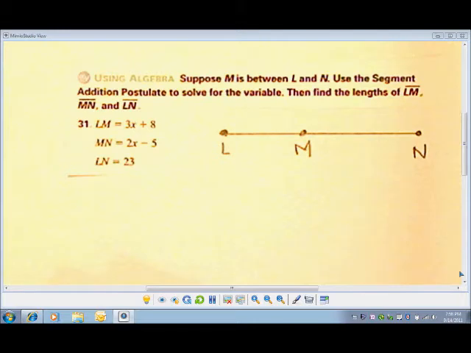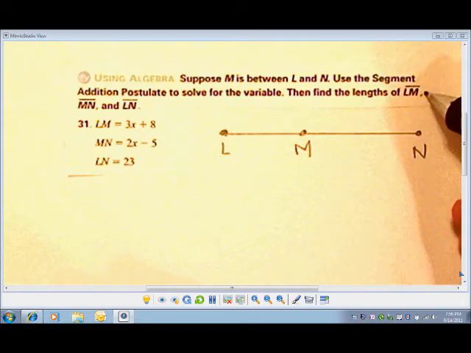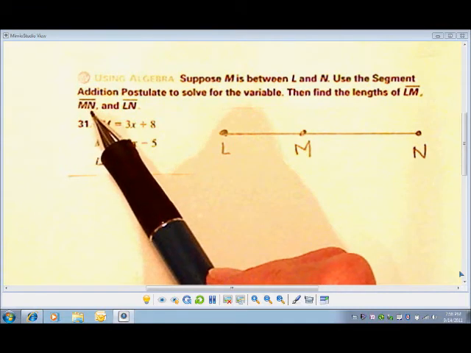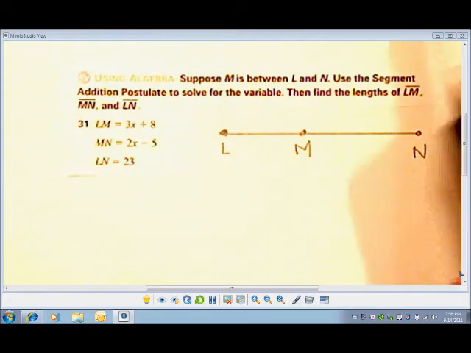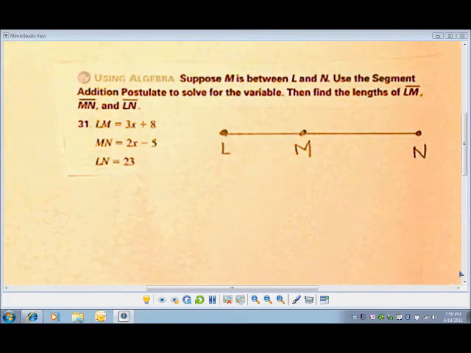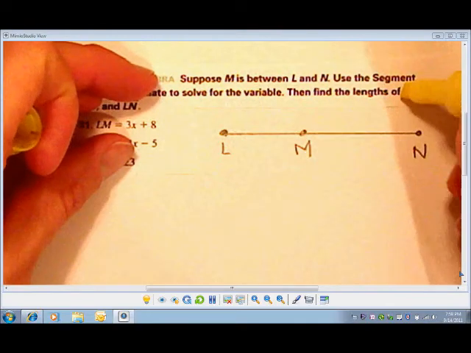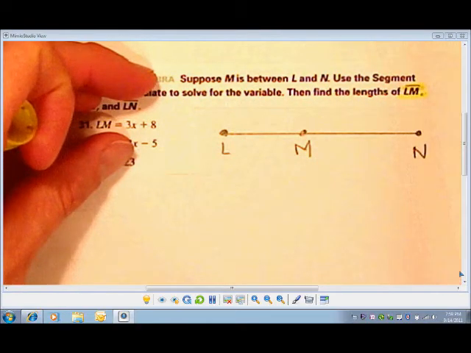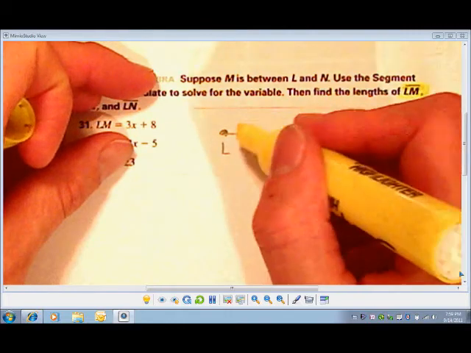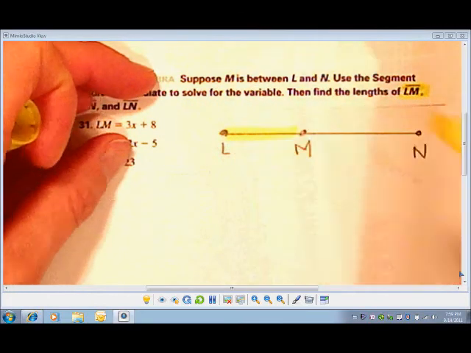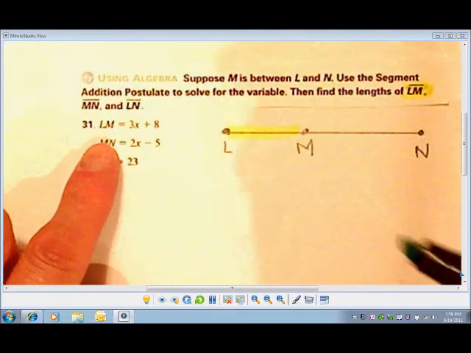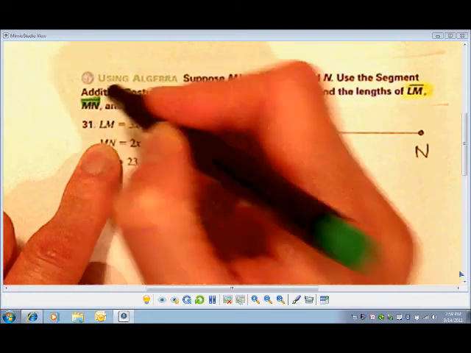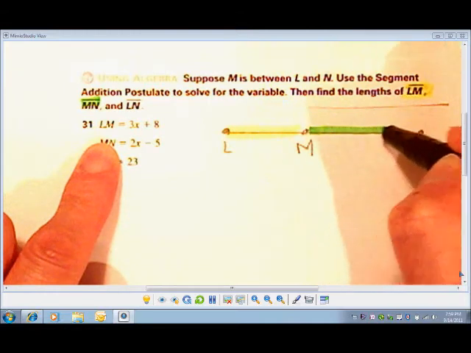Okay? So we're going to find the lengths of line segment LM, line segment MN, and line segment LN. So line segment LM is this segment right here. Segment MN is this segment right here.